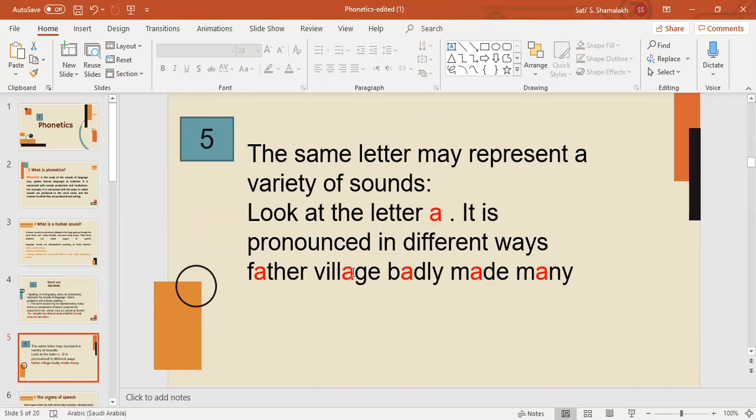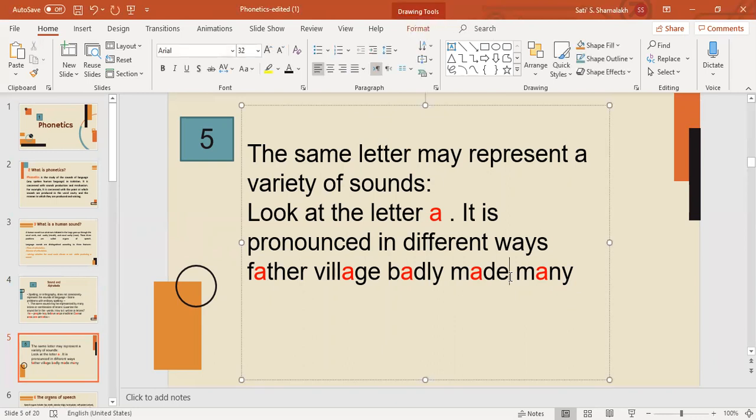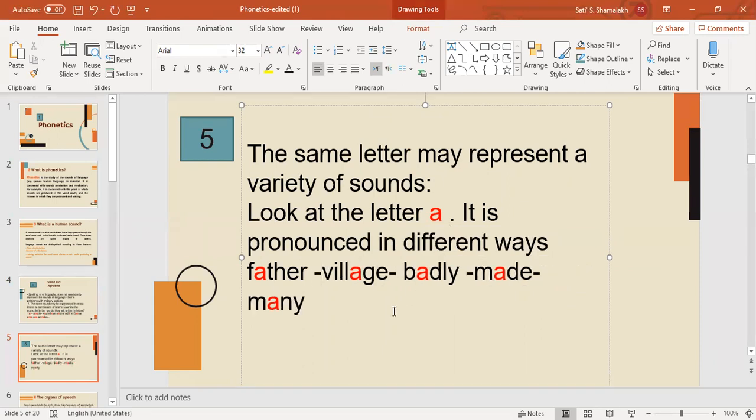The A is pronounced "i." Badly. The sound A is pronounced "a." Made. The letter A is pronounced "ay." May. And here the letter A in many is pronounced "e." Many. Okay? So that's why it is important to learn phonetics.